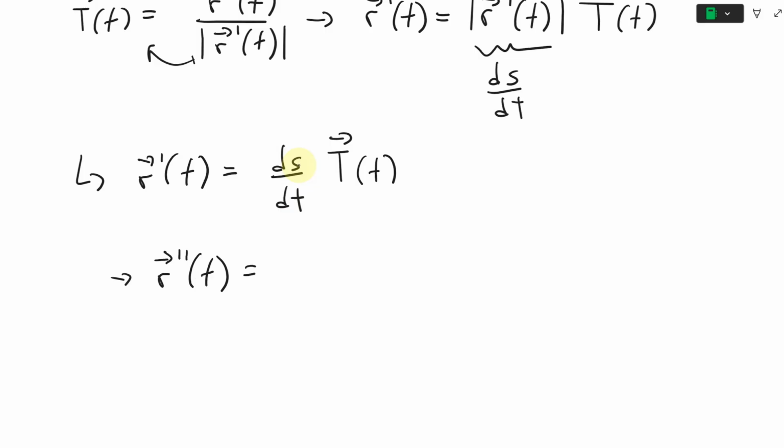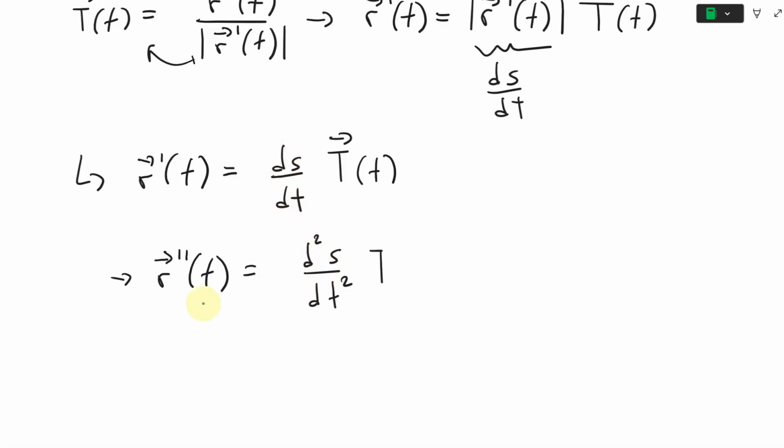We're using the product rule, so we'll take the derivative of this first. It's going to equal d squared s over dt squared. This is just the way you write the second derivative in this differential format.